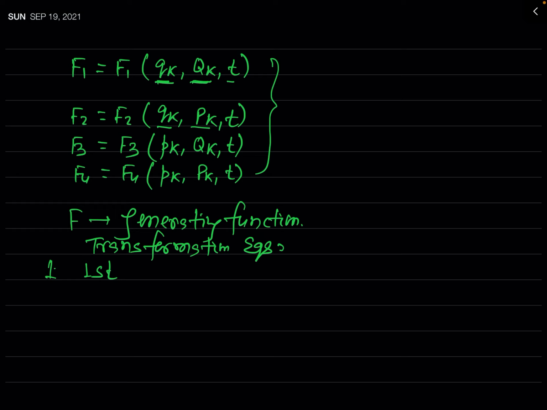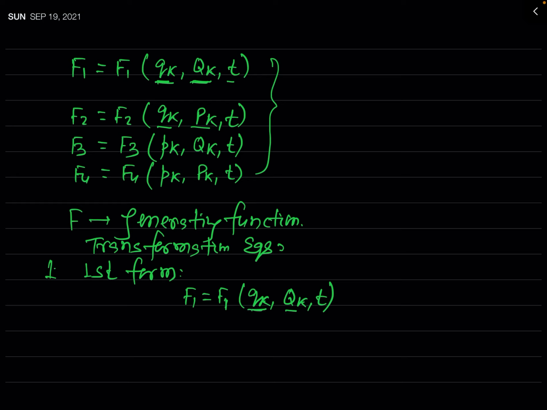And first form. When you consider the first form, you know the first form of generating function is f1 equal to f1 of small qk, capital Qk, t. Remember, if you have expressed this generating function as a function of small qk, capital Qk and t, then you have to find a small pk.